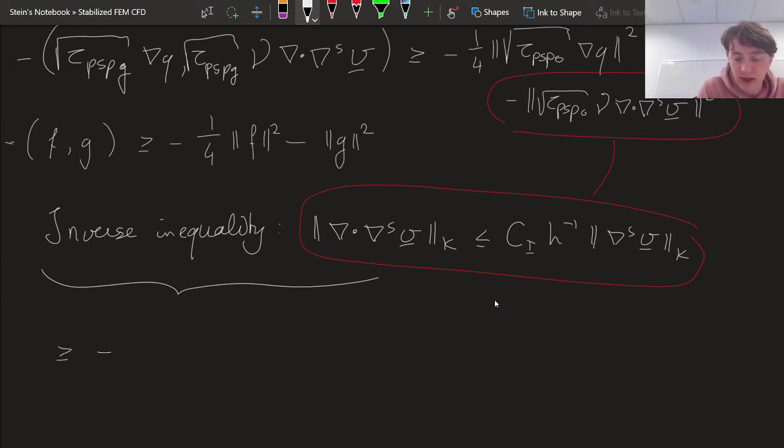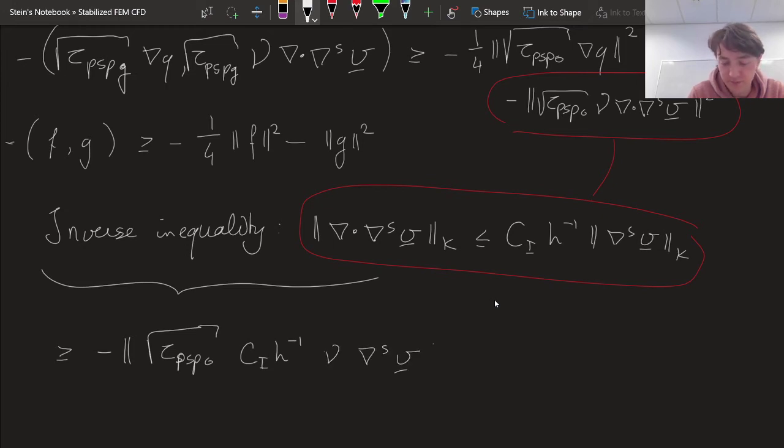Because we have this minus sign, so that flips our inequality sign here, by the square root of tau PSPG times CI h minus 1 times mu times the symmetric gradient of V.